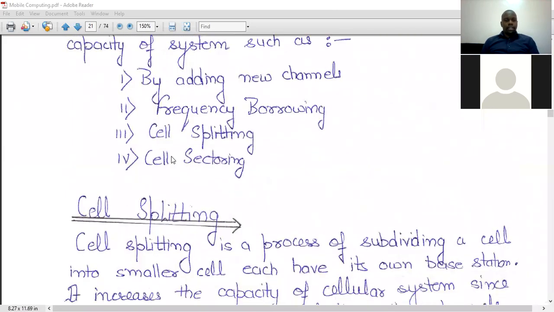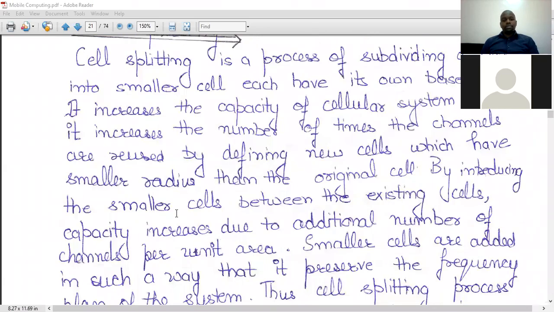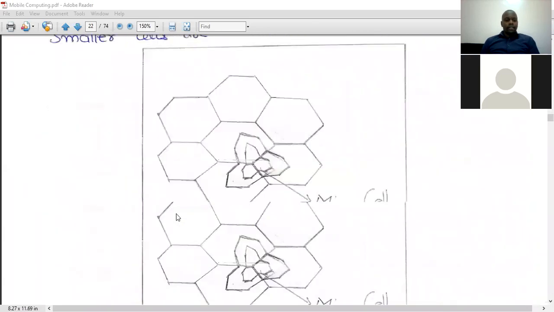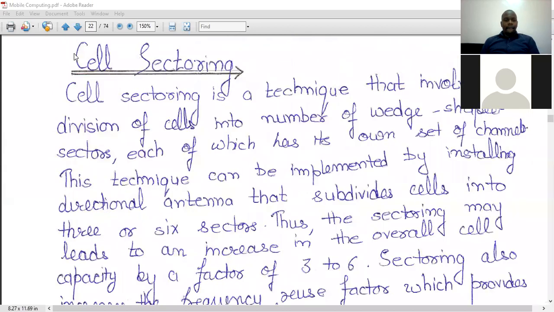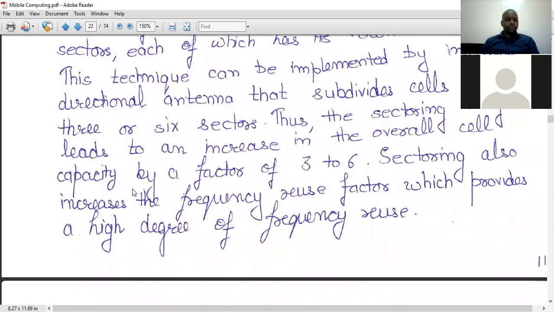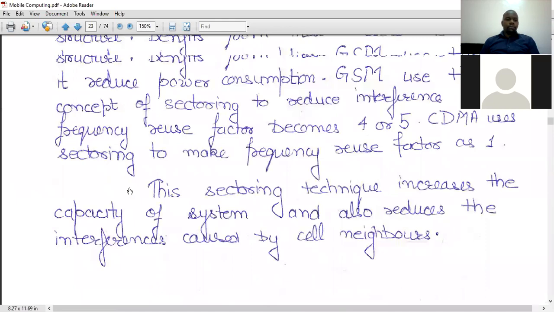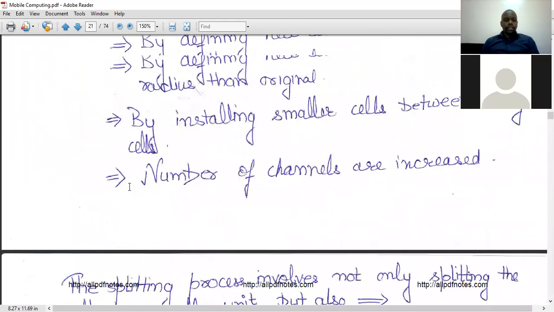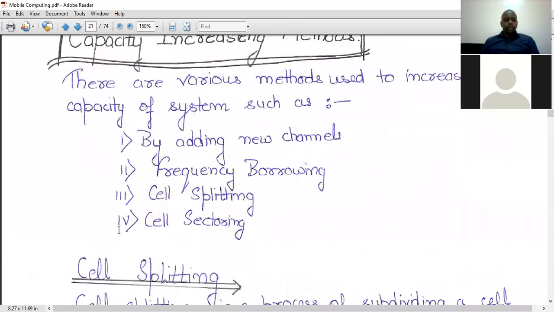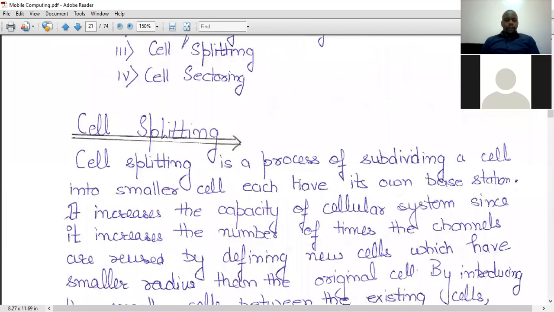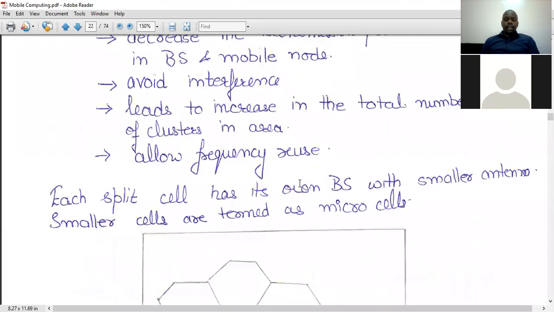The methods are cell splitting, cell sectoring, having each subcell have its own base station controller, adding new channels, and frequency borrowing. We had already discussed what frequency borrowing is all about.